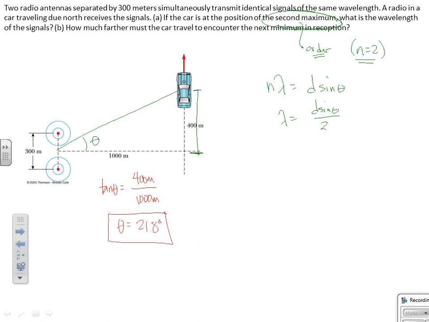And then we say that lambda is d, 300 meters, times the sine of 21.8 degrees over 2. So 300 sine answer divided by 2. So I get that lambda is 55.7 meters.